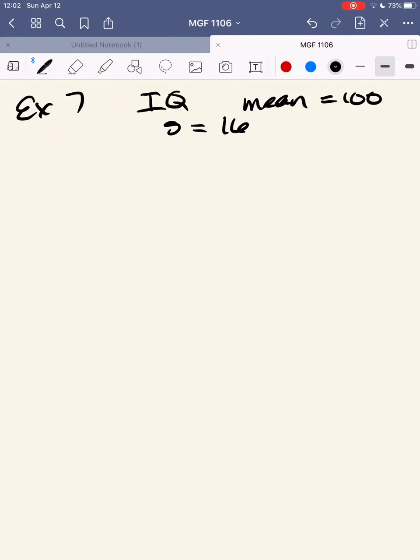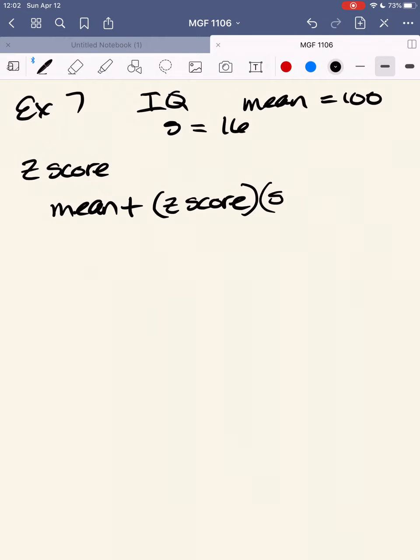This time they give me a z-score, and I want to find the value that relates to it. So what I need to do is take my mean and add it to my z-score multiplied by my standard deviation.